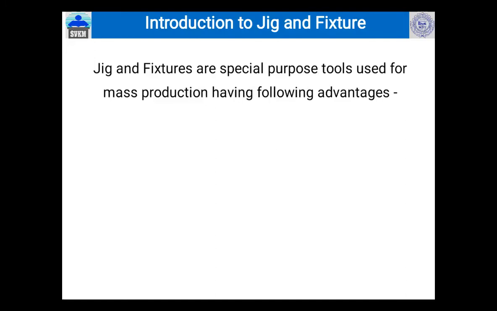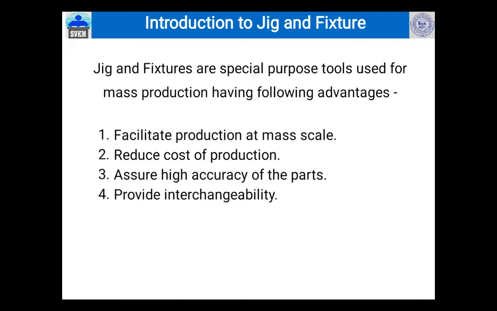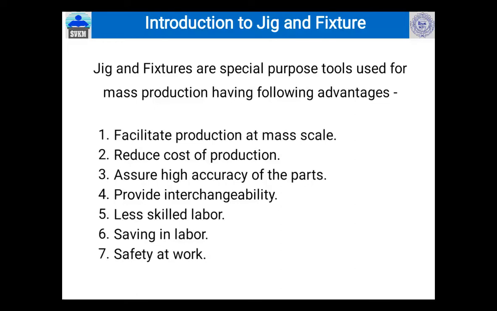Introduction to jig and fixture. Jig and fixtures are special purpose tools used for mass production having following advantages: facilitate production at mass scale, reduce cost of production, assure high accuracy of the parts, provide interchangeability, less skilled labor, saving in labor, safety at work.